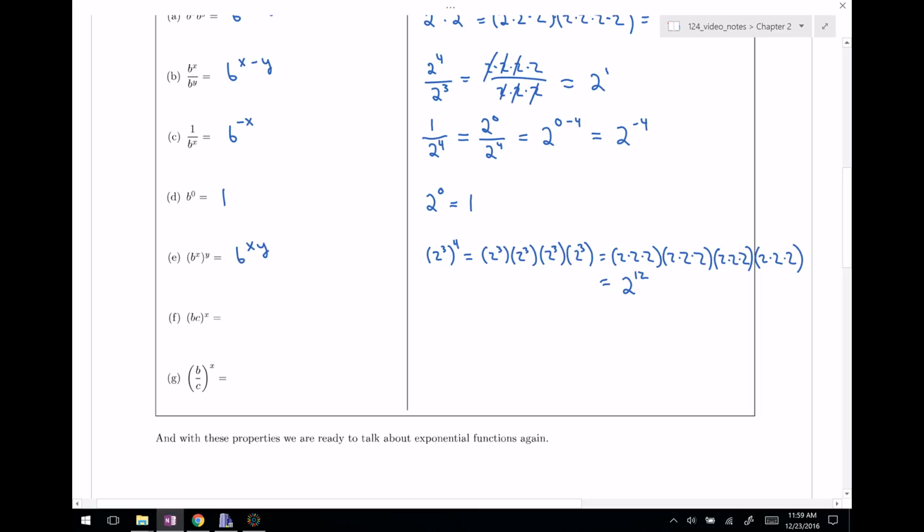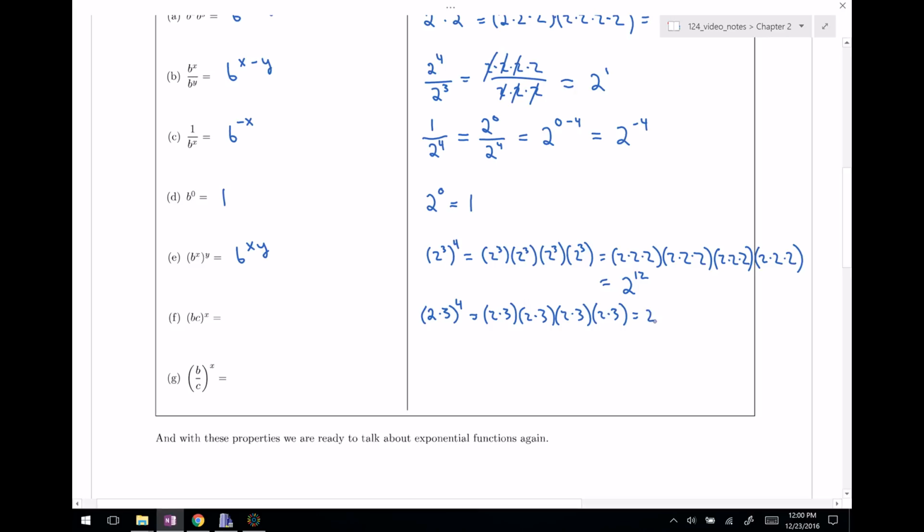Okay. How about f, right? Let's do, I have 2 different bases now. So I'm going to do 2 and 3, and they're going to be all raised to the 4th power. So this is going to be 2 times 3, 2 times 3, 2 times 3, right, 4 times. And multiplication doesn't really matter the order in which you do this. This is called the commutative property.